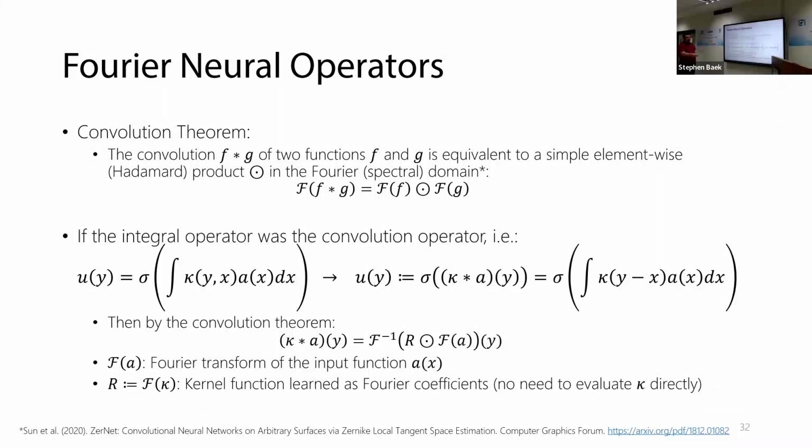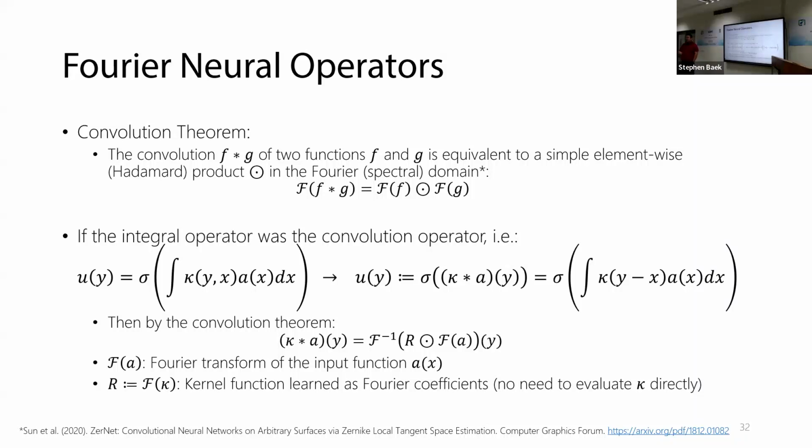Whenever the input comes in, we perform the Fourier transform of that input signal and compute the element-wise product with the model parameters that we learned. After the element-wise product, we take the inverse Fourier transform, and that is essentially the output of this integral.